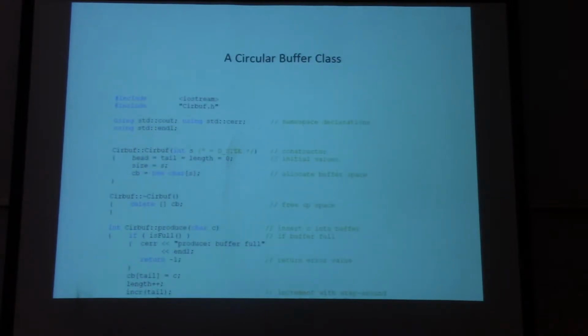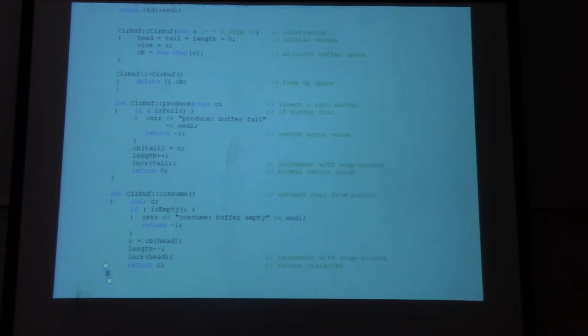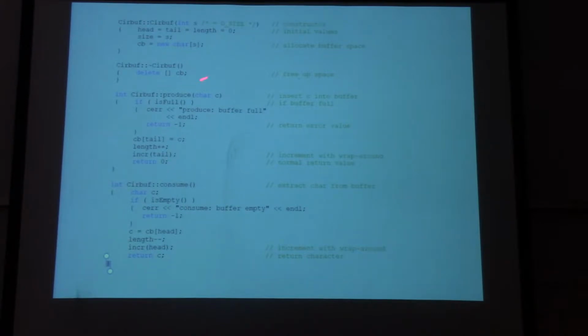Okay, here we go. Now we're going to produce. If we want to produce a character into the buffer, first we check if it is full. Can I say this pointer is full, or do I have to say is full? Could I say this pointer is full? No. Do I have to?